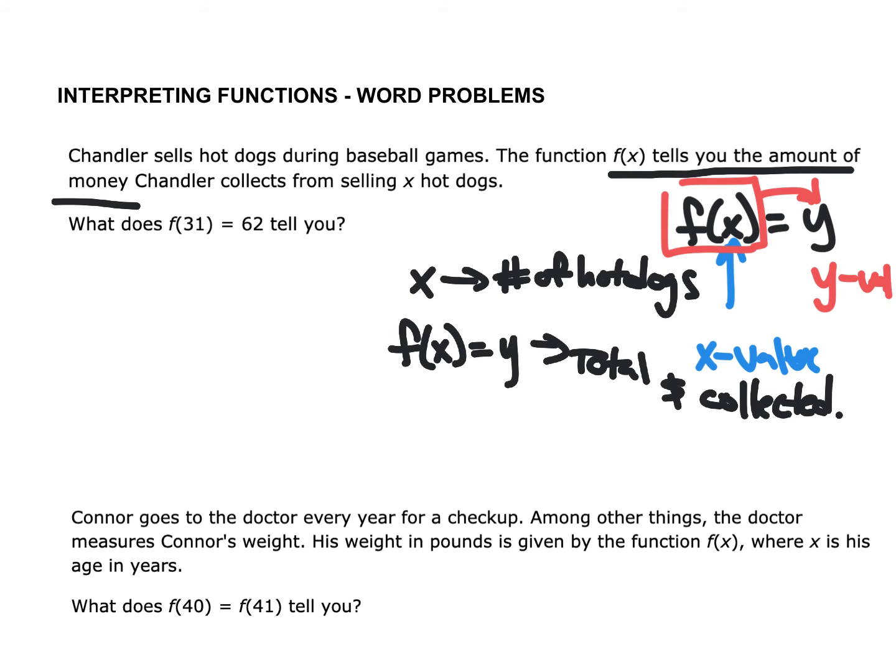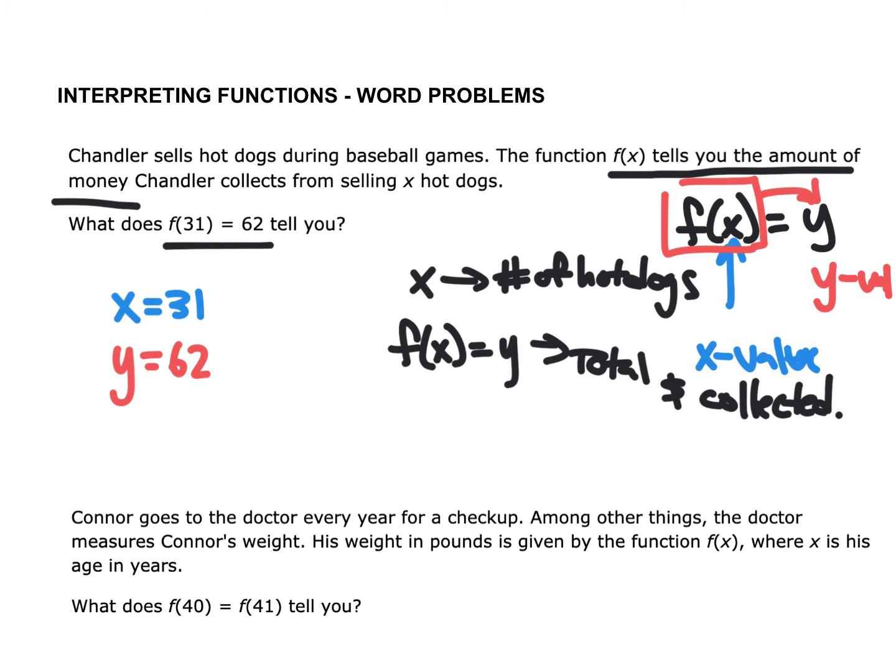So when we have f of 31 equals 62, what that means is that we want to figure out, all right, well, we've got our x value, okay? X is equal to 31 in this case. The y value is equal to 62. So once we identify, we know what x represents, and we know what y represents, and we have numbers, we can just combine those.